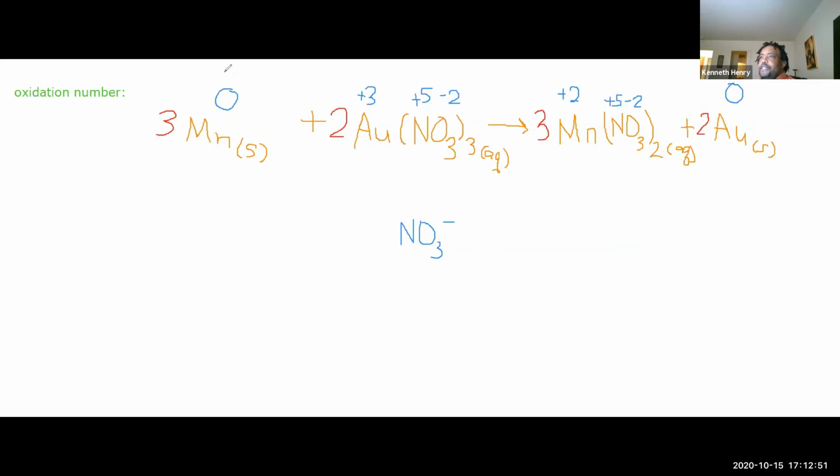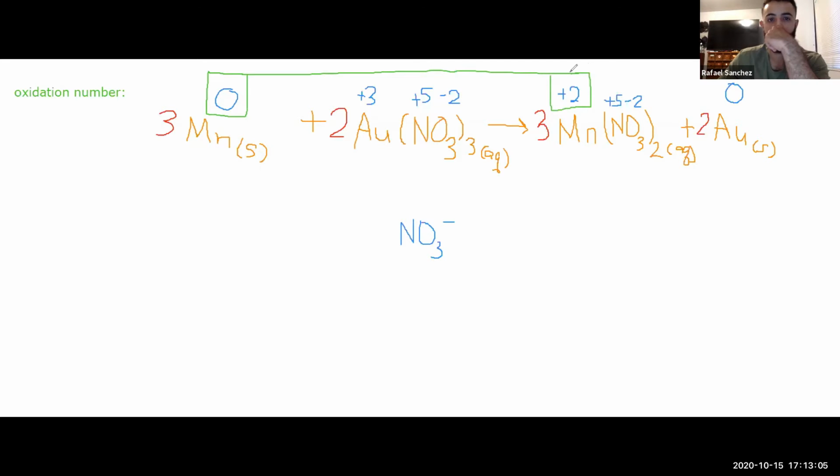So manganese is going from 0 to +2. Reduction? Is it oxidized? Yeah. Oh, it's the opposite.